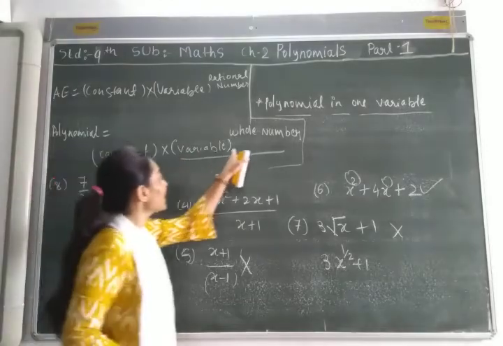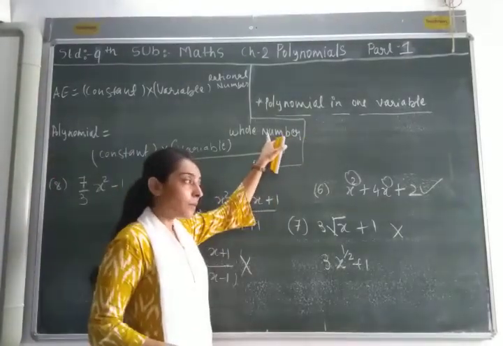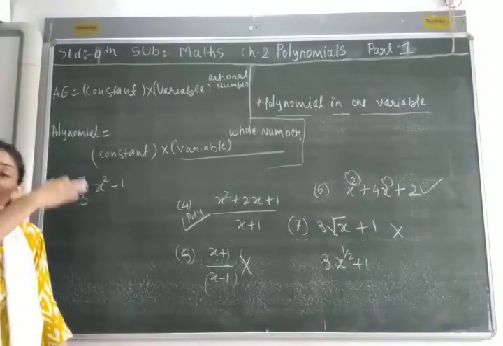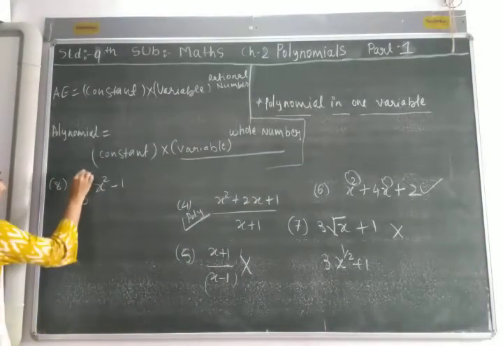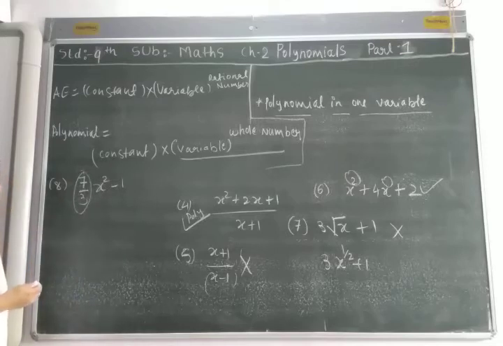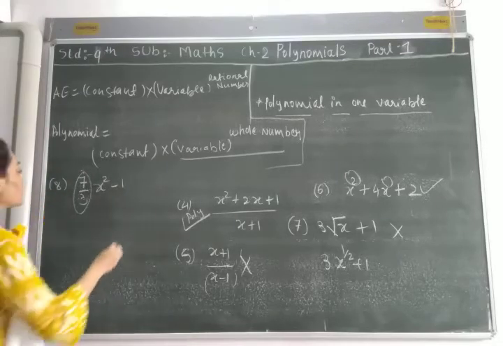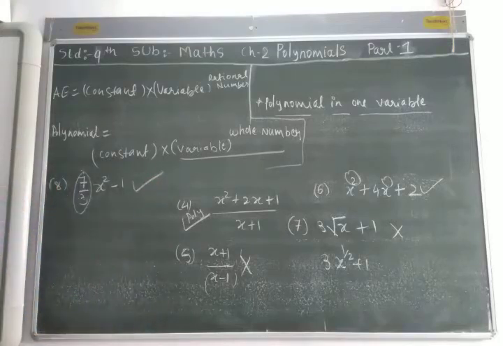We are only seeing the variable's power. If it is a whole number, we can directly say it's a polynomial. This constant remains constant. It does not make any difference. So this one is my polynomial.